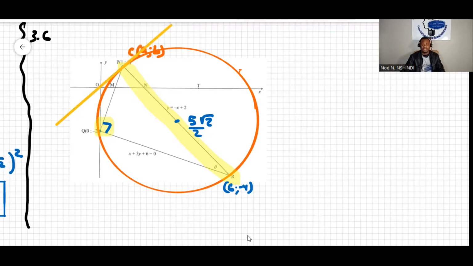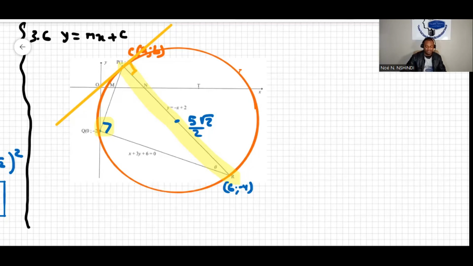Now, there are conditions. We must know that the tangent line is always perpendicular to the diameter or to the radius. That we know by definition: a tangent to the circle is perpendicular to the diameter. So we are looking for the equation of the tangent line. The tangent line is a straight line, given by the form mx plus c.